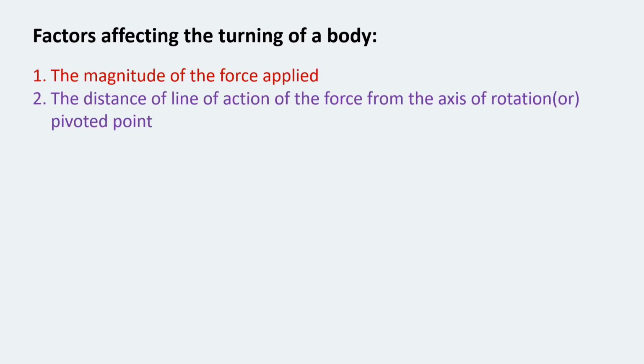Now let's understand the factors affecting the turning of a body. The first factor is the force applied, and the direction in which the force is applied. The second one is the distance of the line of action of the force from the axis of rotation or pivoted point.